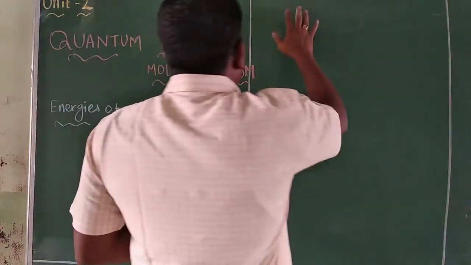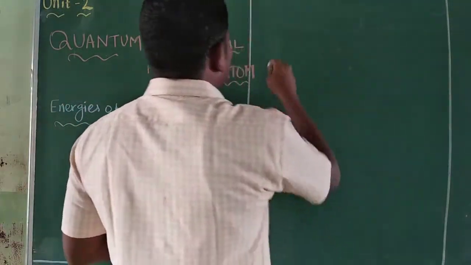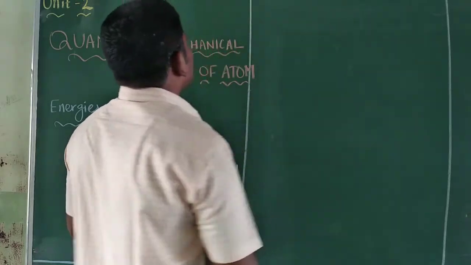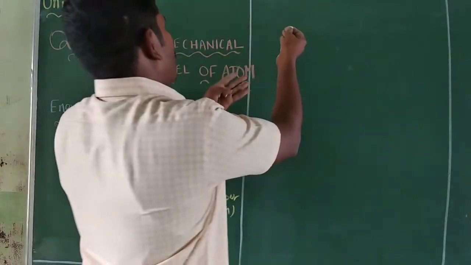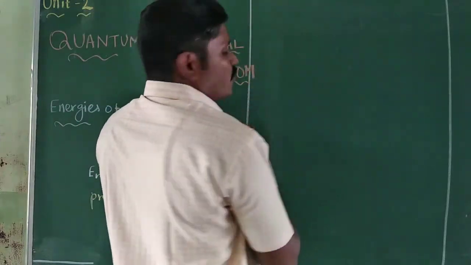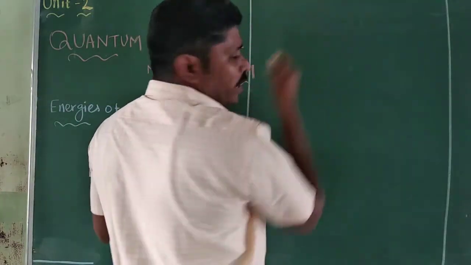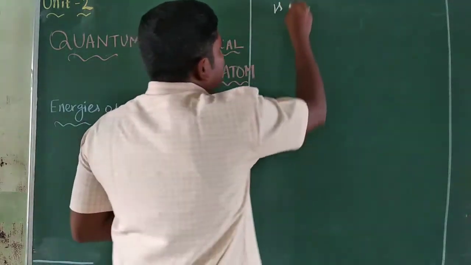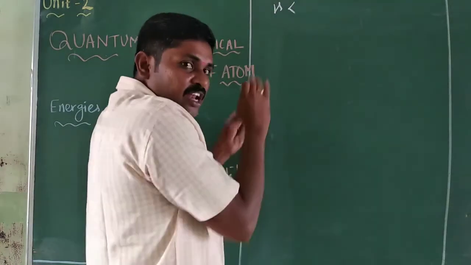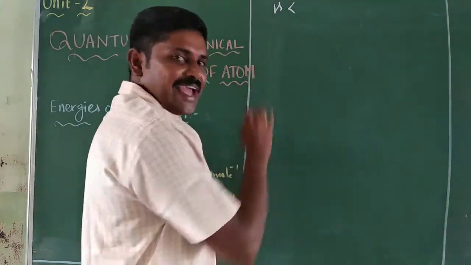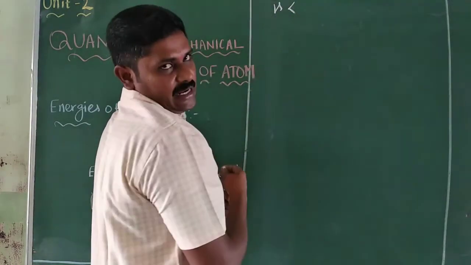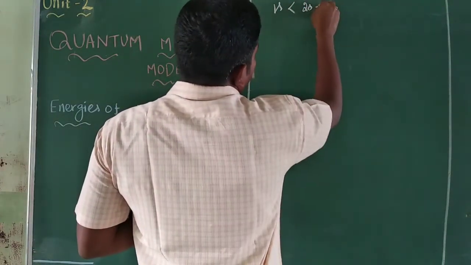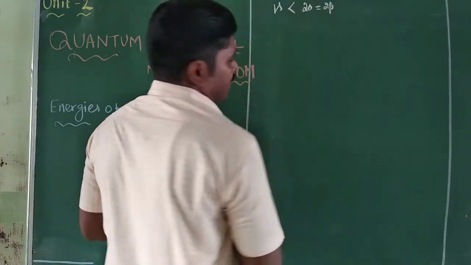The energy of the various orbitals will be in the following order. 1s is less than 2s equal to 2p.